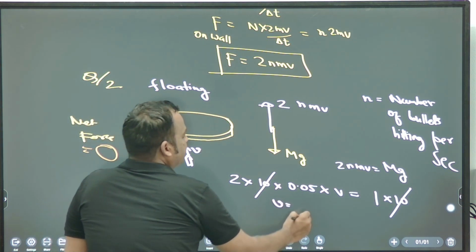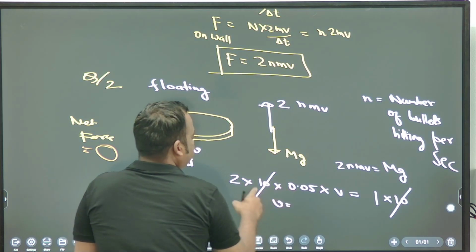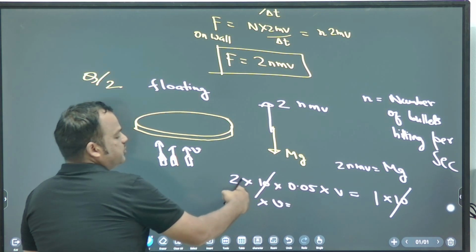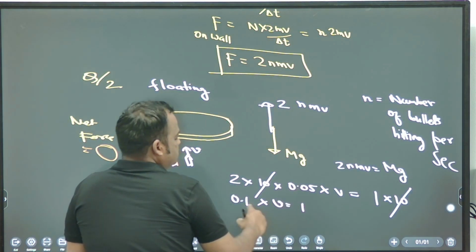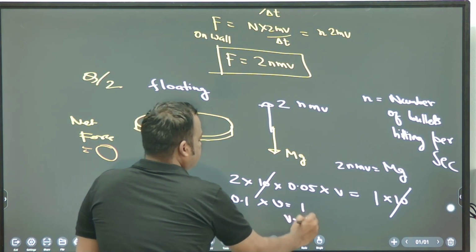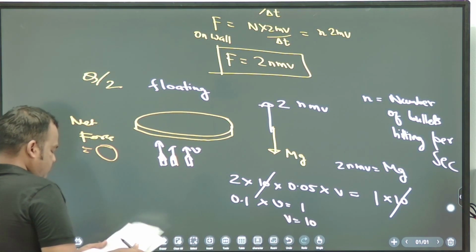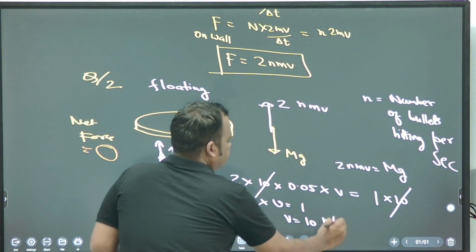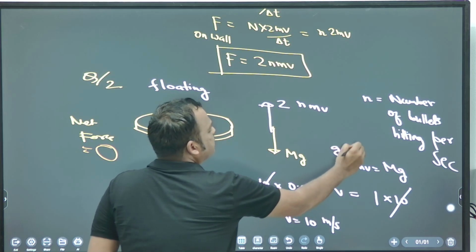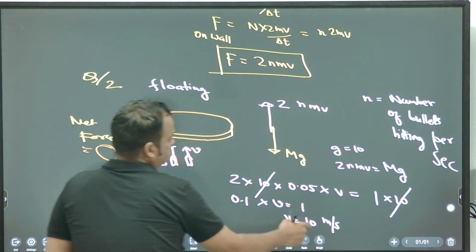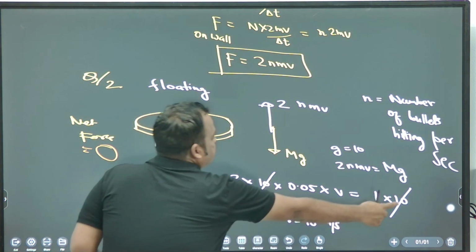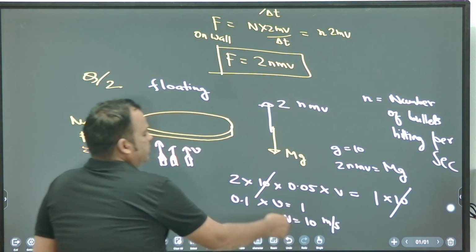So V is equal to 1 by 0.1, since 0.05 into 2 is 0.1, into 10 is equal to 1. So V is equal to 10 meters per second. Note down, I have taken g equal to 10. If you take 9.8, you will get 9.8.